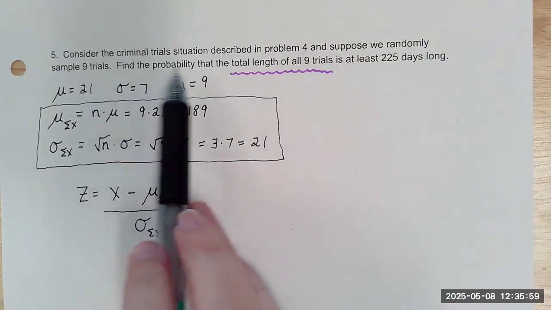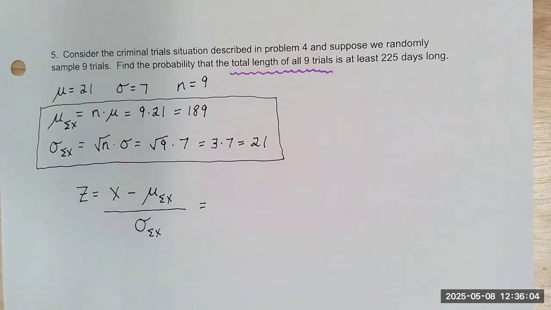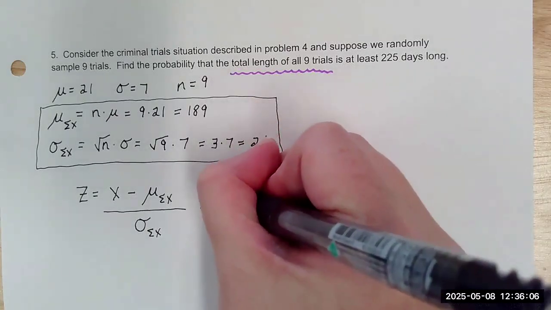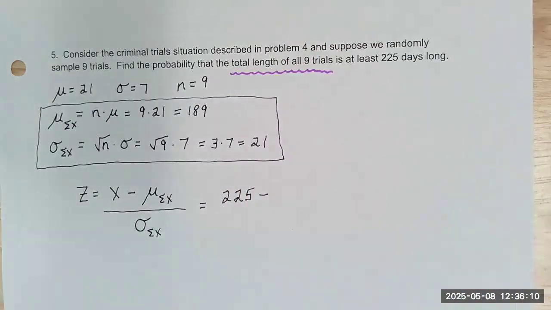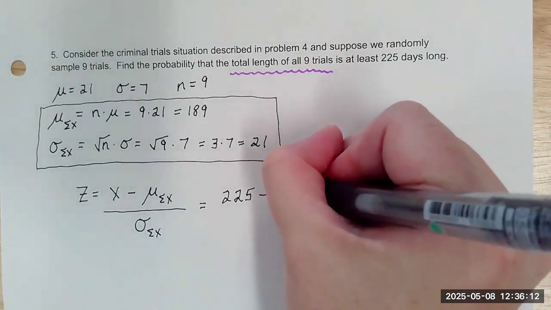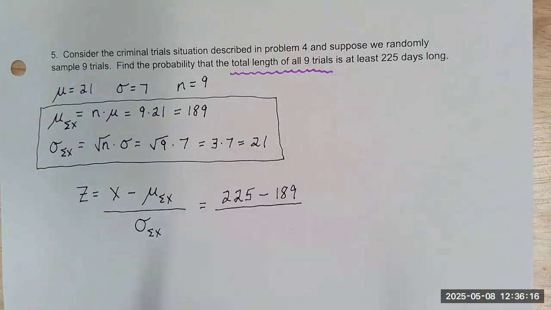So they said, find the probability that the total length of all 9 trials is at least 225 days long. So we're going to put 225 minus the 189 divided by the 21.